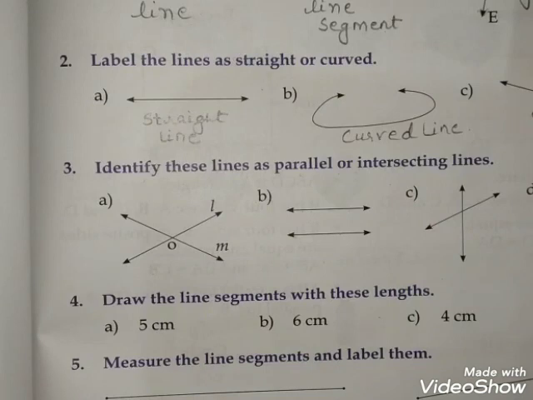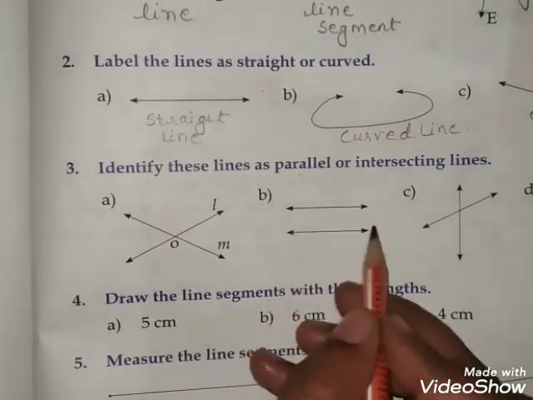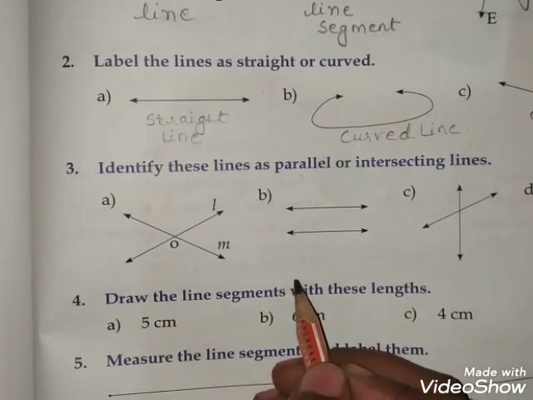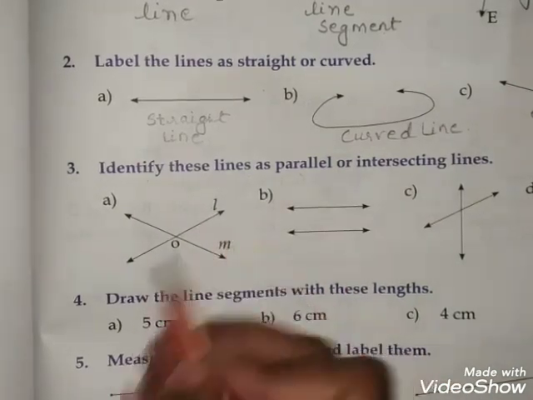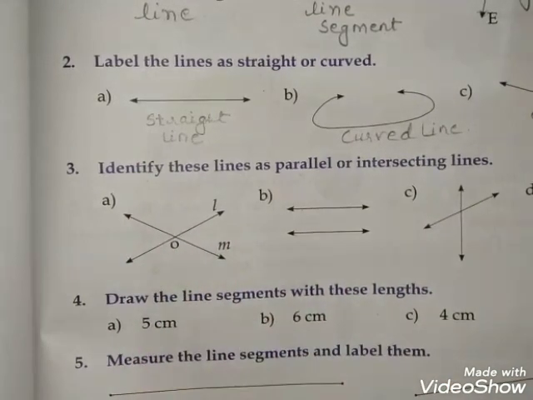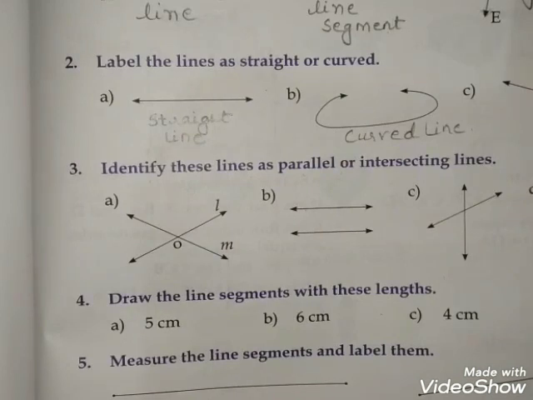Okay, or we can say that those lines which can never meet are known as parallel lines, and the lines which are meeting at any point, then it is known as intersecting lines.